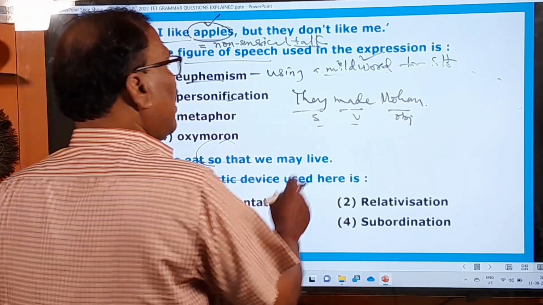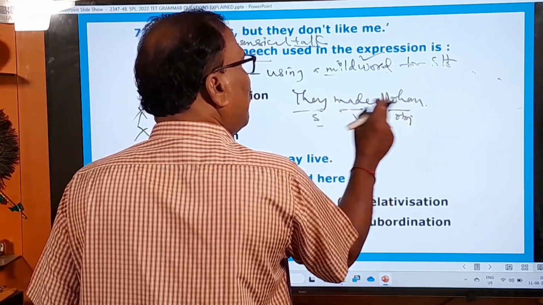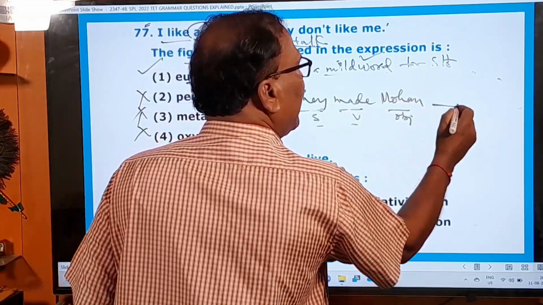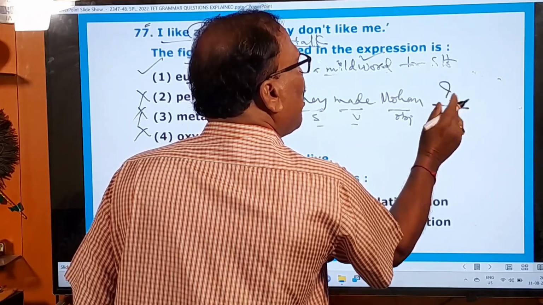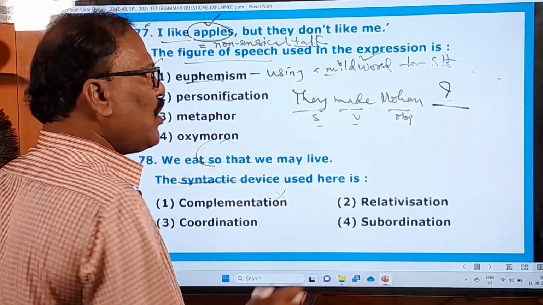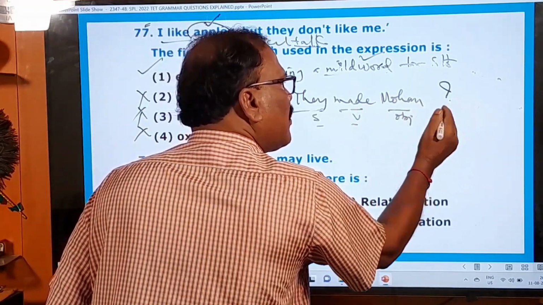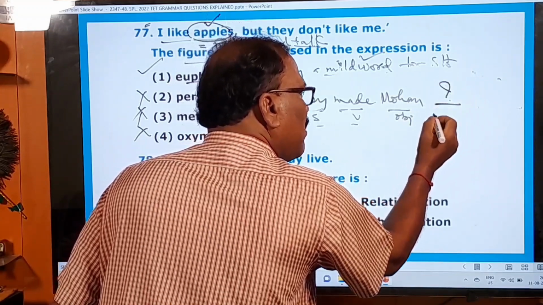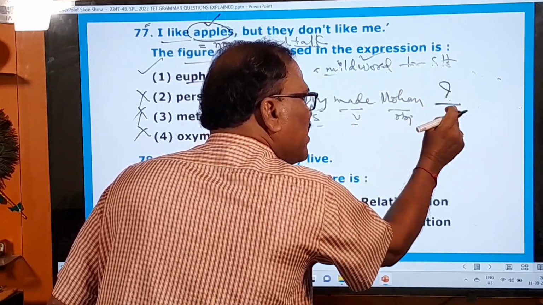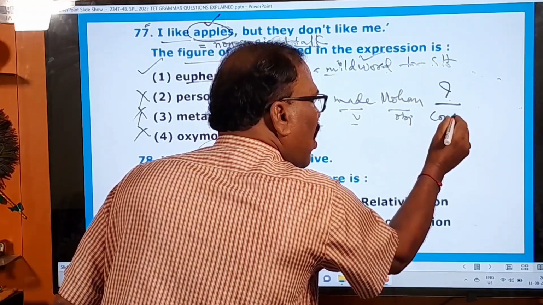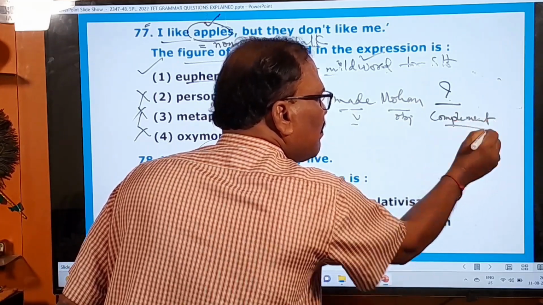So that's why here something is required. They made Mohan incomplete. ఇక్కడ ఏదో ఒక మాట అవసరం, ఏదో మాట కావాలి టు కంప్లీట్ ద మీనింగ్. సో ఇక్కడ అవసరమైన ఈ మాటనే ఈ మీనింగ్ కంప్లీట్ చేయడానికి వస్తుంది, కాబట్టి దీన్ని కాంప్లిమెంట్ అంటారు.